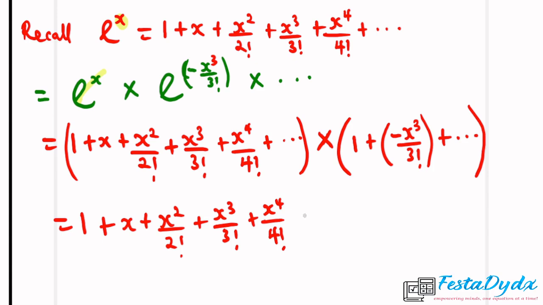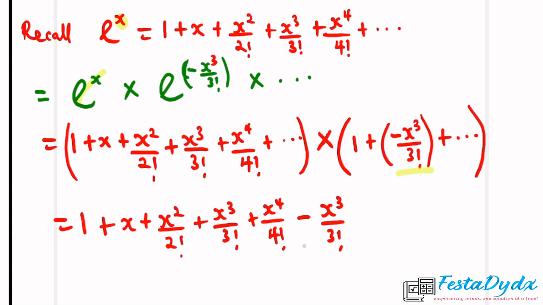Now we're done with the first term. We've multiplied all we have here with the first term. So we're moving to the second term. The next one for the second term is this. So it becomes 1 times minus x cubed over 3 factorial, which becomes minus x cubed over 3 factorial. Then the next is x times minus x cubed over 3 factorial.